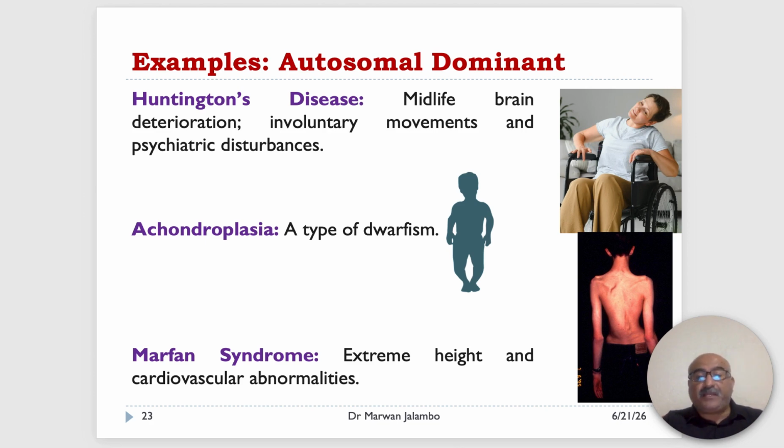Because symptoms appear later in life, individuals often have children before knowing they carry the gene. Other examples include achondroplasia, a type of dwarfism, and Marfan syndrome, a connective tissue disorder causing extreme height and dangerous cardiovascular weakness.